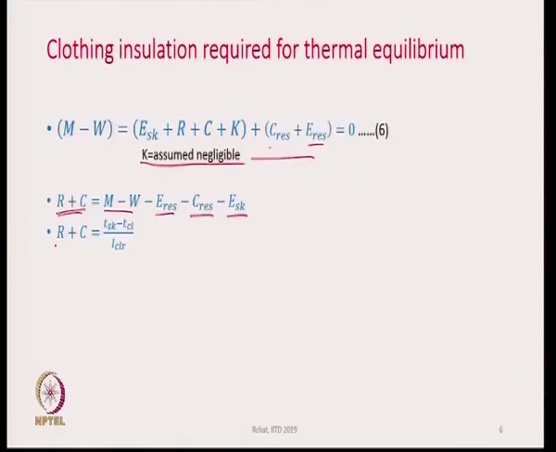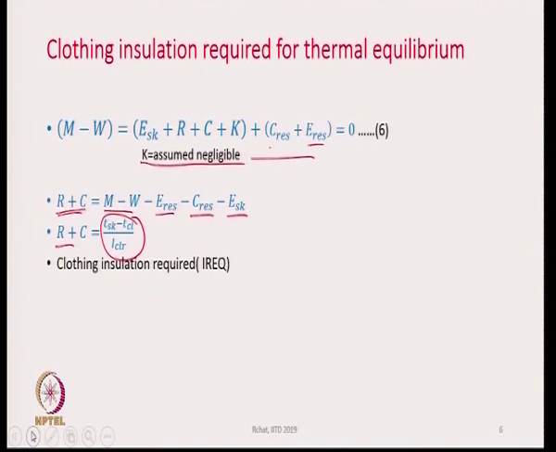Now, what is R plus C? R plus C should be equal to (T_sk minus T_cl) by I_cl,r. T_sk stands for the skin temperature and T_cl stands for the temperature of the clothing, and I_cl,r stands for the insulation value of the clothing material.